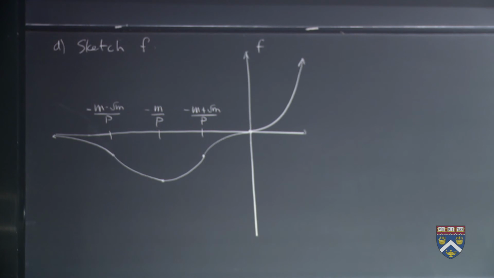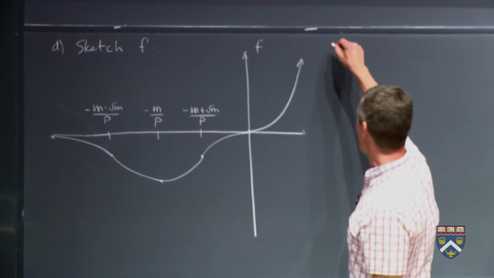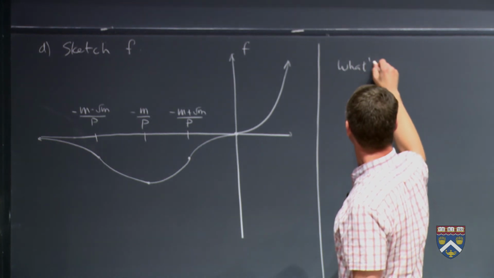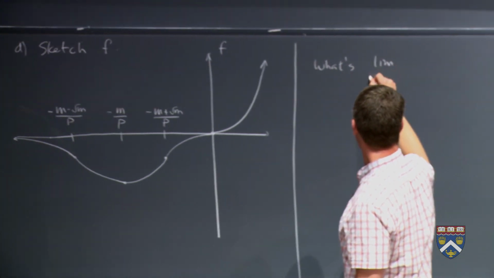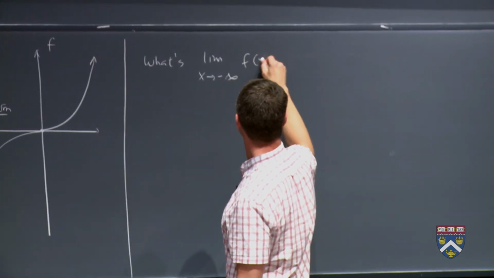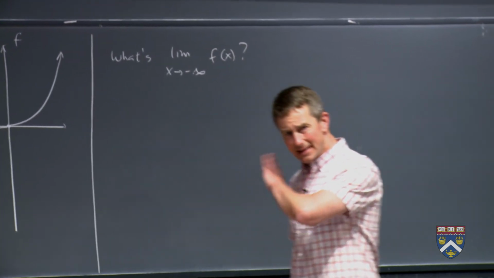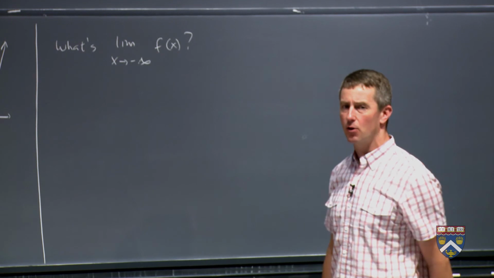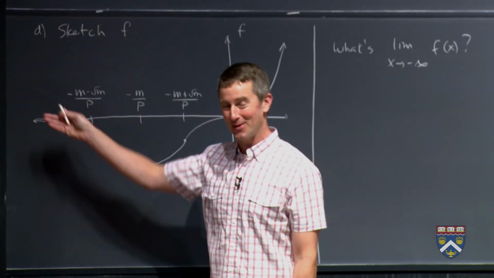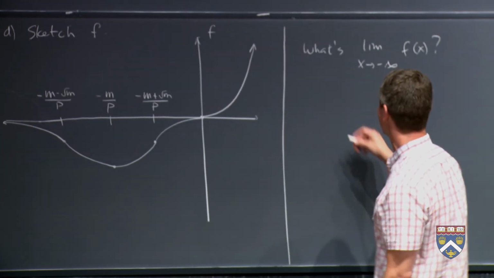We don't actually know that. So if we want to actually check that, we would like to see what is the limit as x goes to negative infinity of our function. As x goes way, way off there, we know we're going to get a horizontal asymptote. We don't yet know. I mean, if you trust me, it's going to be at y equals 0. But let's see if we can actually figure it out.